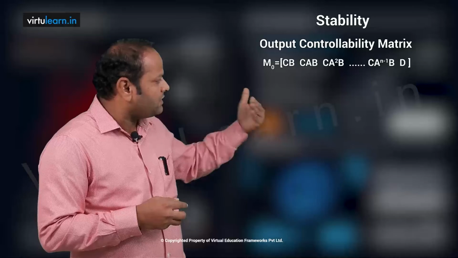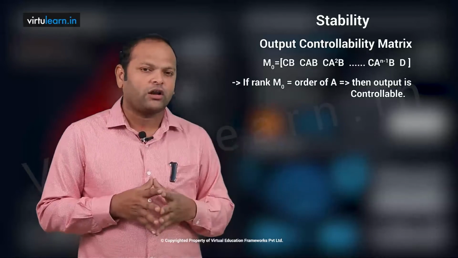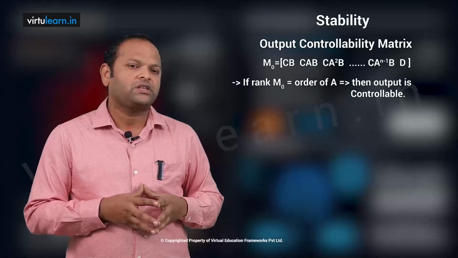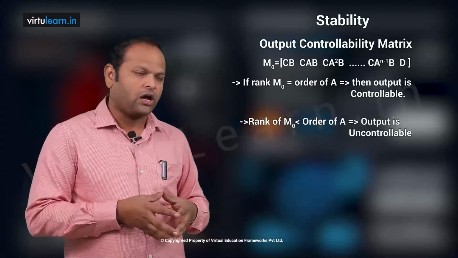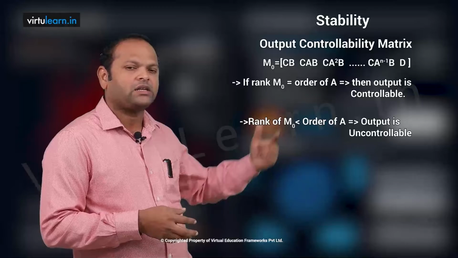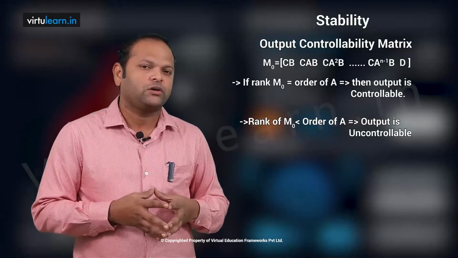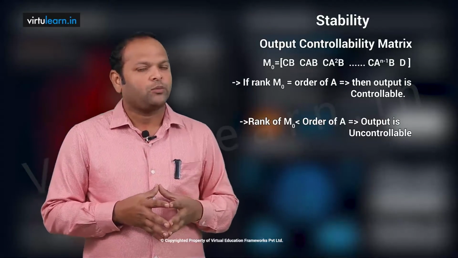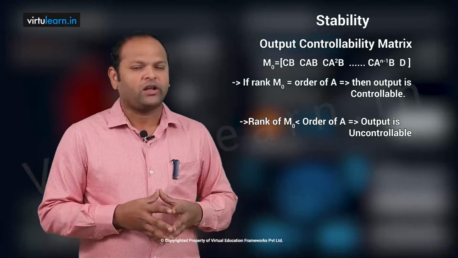Again, if the rank of this matrix is equal to the order of A, then we say the system is completely output controllable, otherwise it is output uncontrollable. Or we can find the determinant of this M_O matrix: if it is equal to 0, output uncontrollable; if it is not equal to 0, it is output controllable. This way we can find the output controllability of the system.